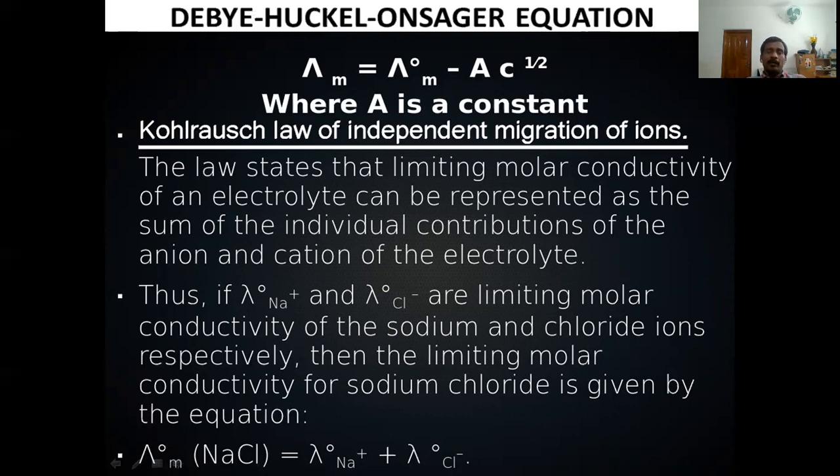So in order to find out the molar conductance at infinite dilution of weak electrolyte, we need some other method, or we need the help of some rules or law. So here we can see another law, Kohlrausch's law of independent migration of ions.